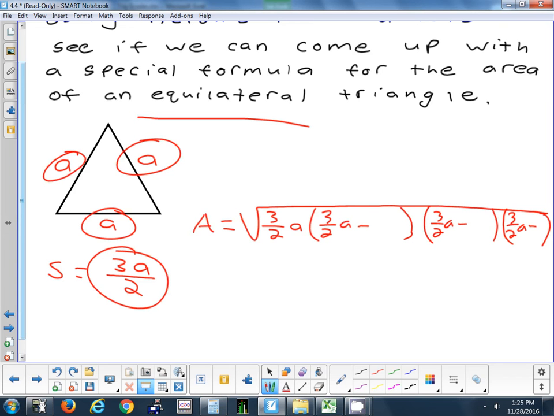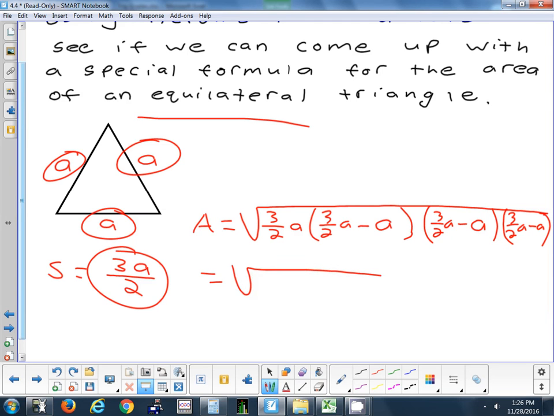What should I put in my first set of parentheses? S minus A. And the second one? And the third one? A. They're all the same. Can you just cube the first one? You could write it as cubed, but there's going to be an even shorter way. I'm going to show you the formula is going to be even simpler than that.